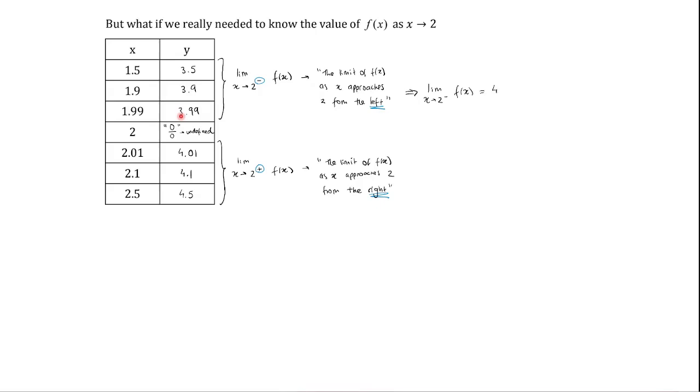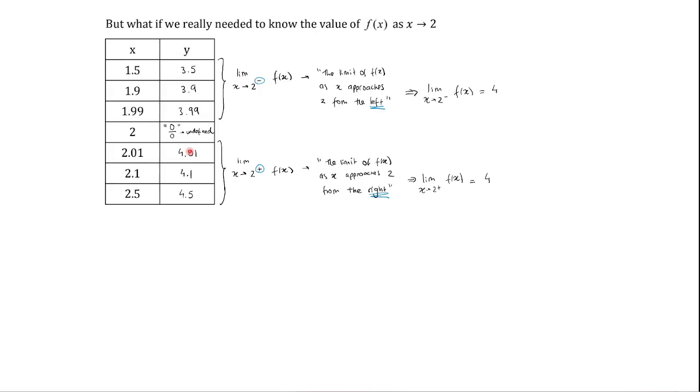And we also have the limit as x approaches 2 from the right of f of x is also equal to 4, because as we go the other way around, it seems like we are getting closer and closer to 4 as well.